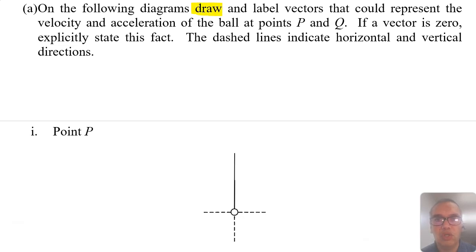They want you to draw and label vectors. So it's not enough that you draw them. You also have to name the things in writing. That's what labeling means. Even if you draw it correctly and you don't have a proper label for it, you probably won't get the highest possible grade.